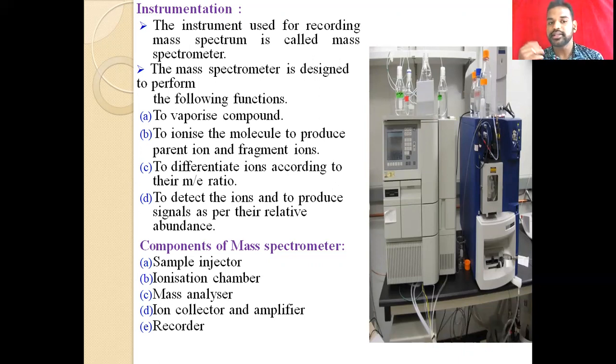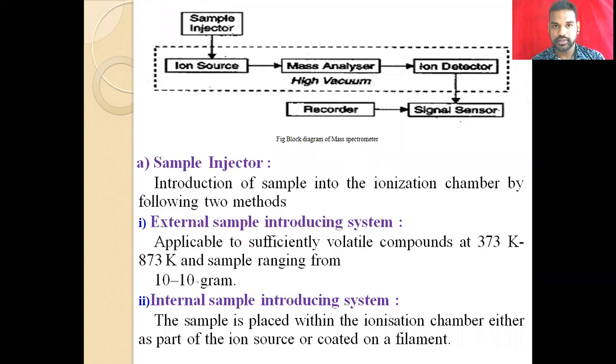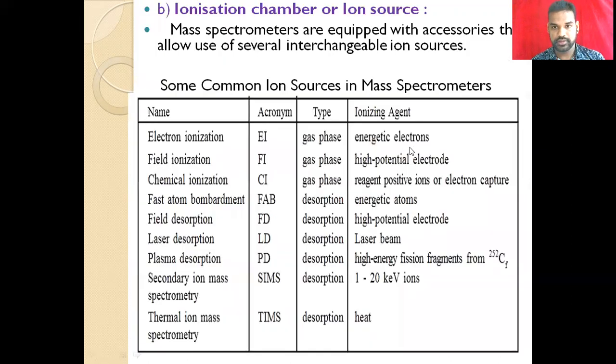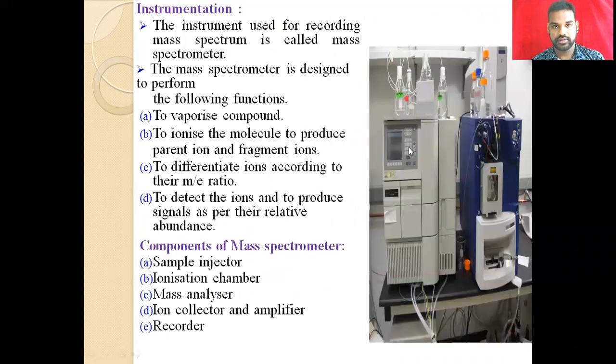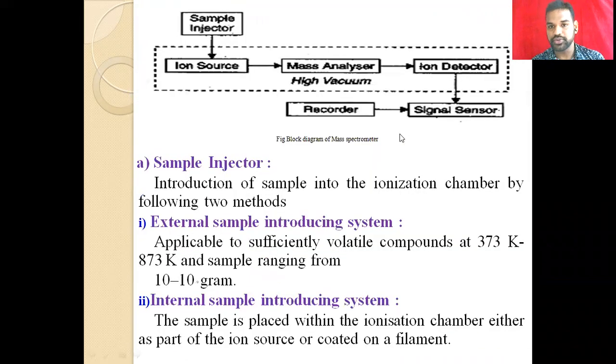So at the end, the ions are accelerated on the basis of their m/e ratio, and then the ions are detected and it gives the signal. This signal is noted here.